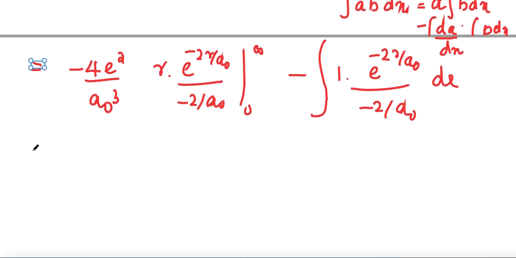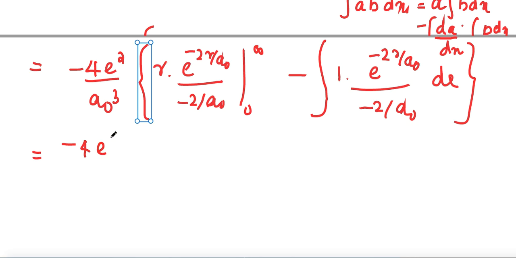When r is infinity, this e raised to minus r becomes 0, so that becomes 0. When r is 0, r becomes 0, so this whole term becomes 0. Putting the constant here, we can write minus 4e square by a0 cube.